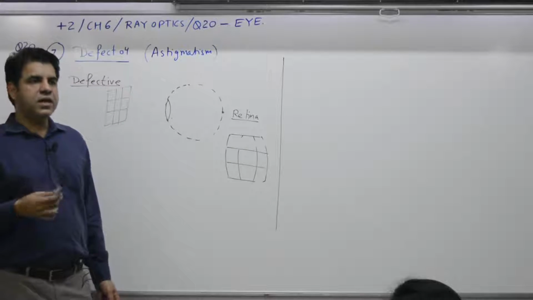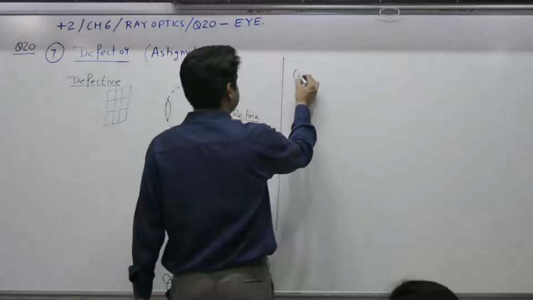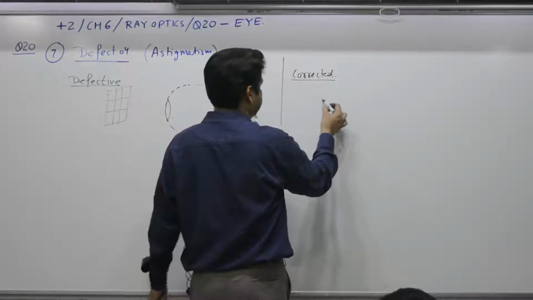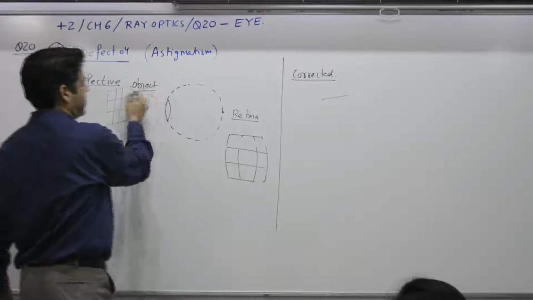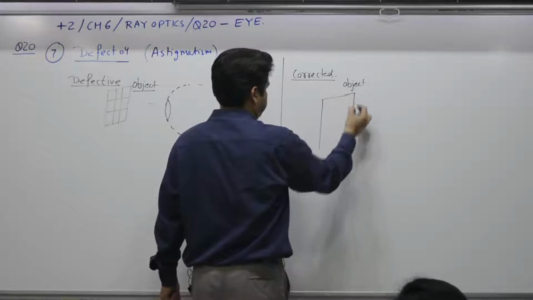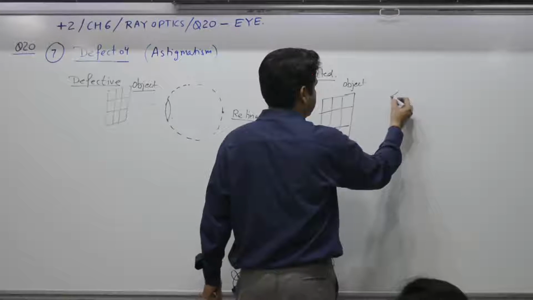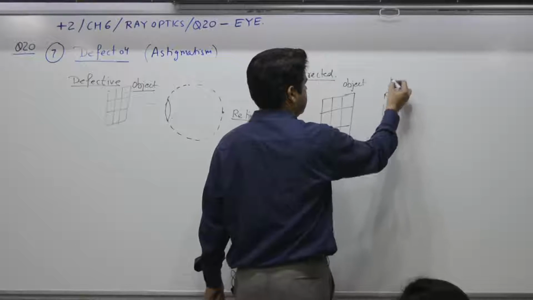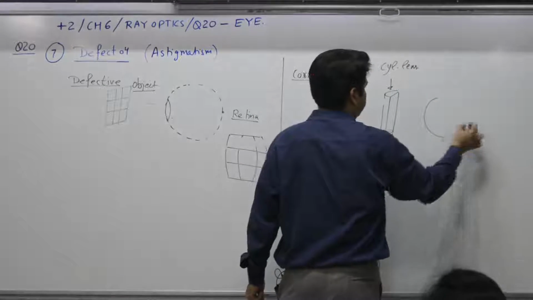To have cylindrical lenses with different focal lengths along different axes. This is corrected. Again, this is the object, and in this case the same object. What do you place in front of the eye? You place a cylindrical lens in front of the eye.